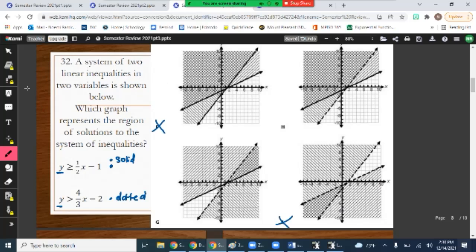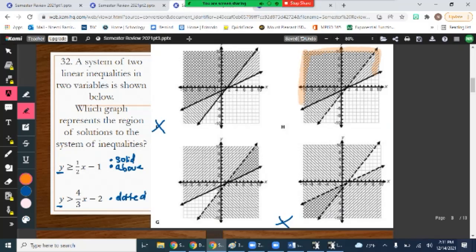Because y is by itself, what is the name of this inequality? Greater. Okay, greater means we shade above. So I'm just going to take my highlighter and outline. I'm going to find the solid line, shade above it, making it all of this.